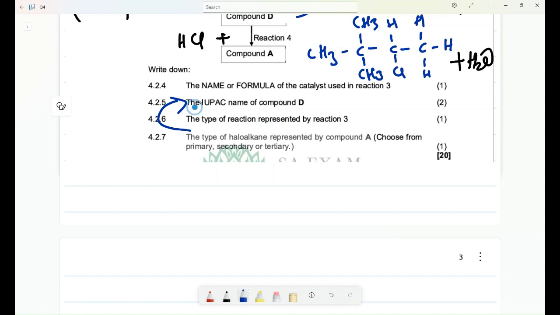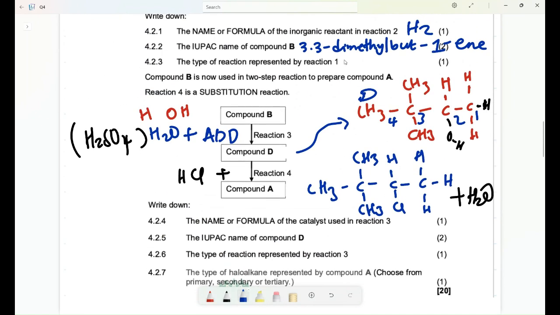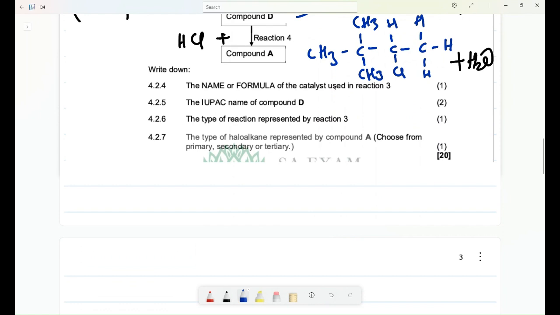Okay, fine. The type of reaction represented by reaction 3 is an addition reaction. We added water, so that we can have whatever we have and eliminate after that. So we say this is an addition. Then now 4.2.7, the type of haloalkane represented by compound A. Is it primary, secondary, or tertiary?